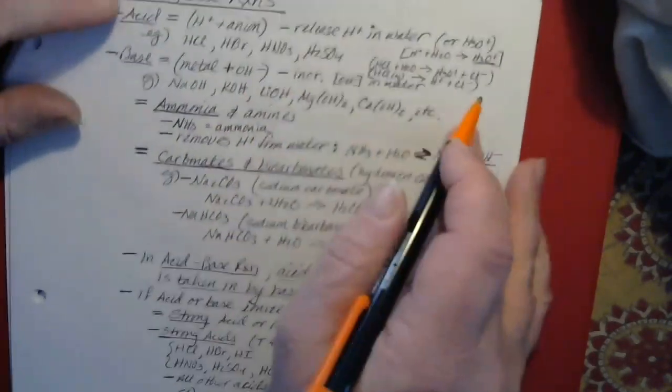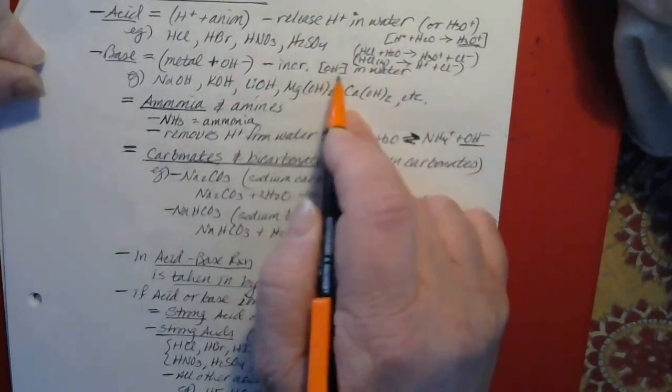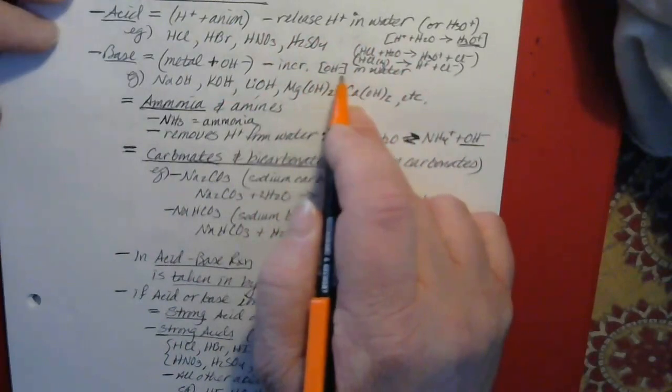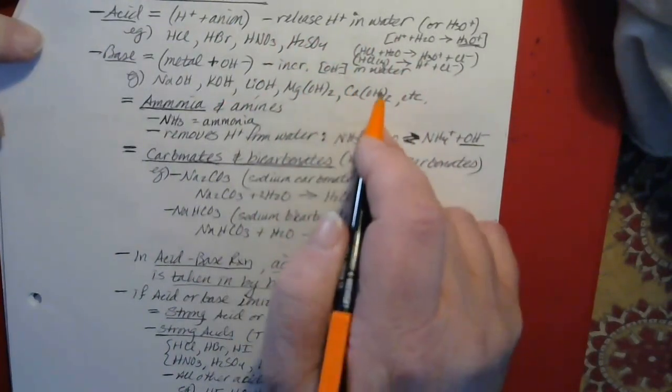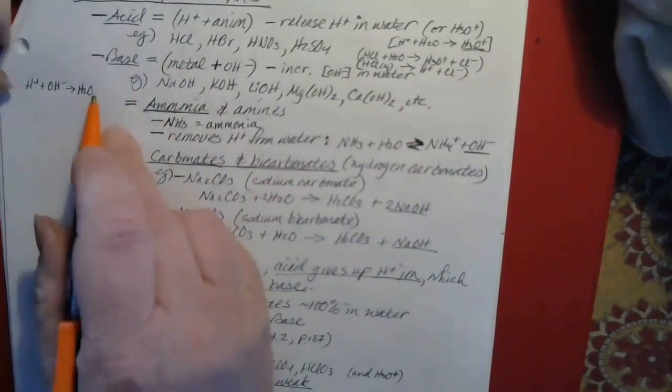And you may notice that the characteristic property of acids is that they release H plus ions in water. And the characteristic property of bases is that they release, or at least increase, the OH minus concentration in water. And if you take H plus and OH minus and combine them with each other, what you get is water.